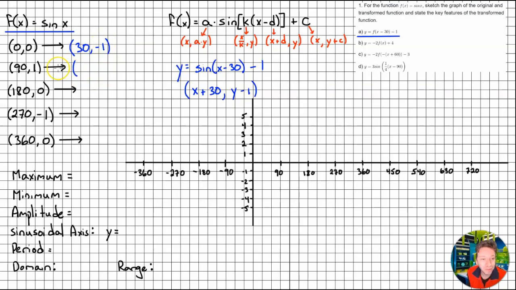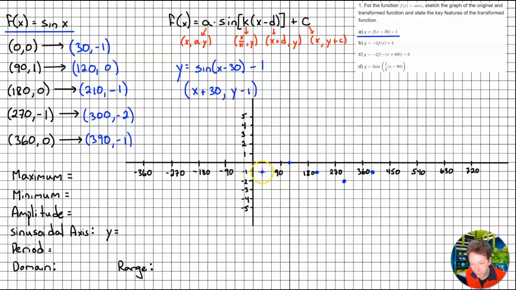Our next one would be (120, 0). Then we have (210, -1), (300, -1 subtract 1 is -2), and finally (390, -1). So let's plot those points.